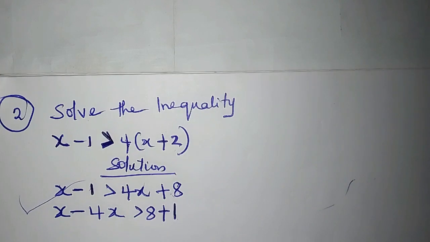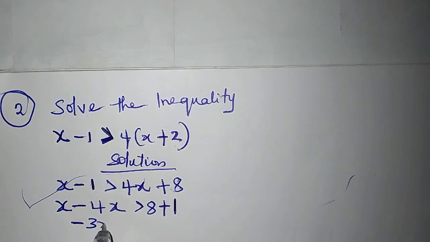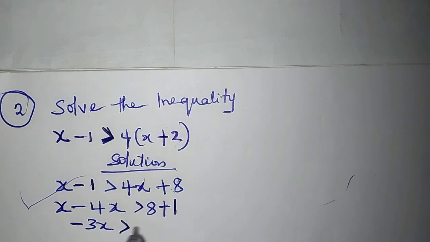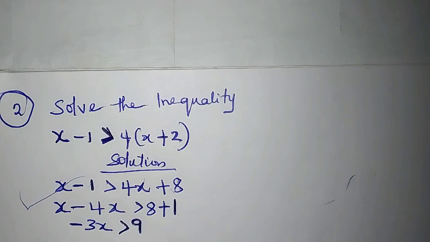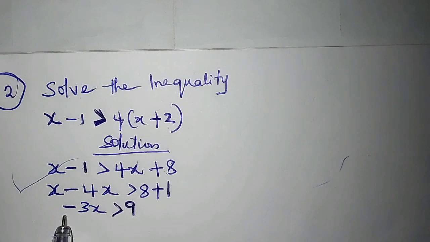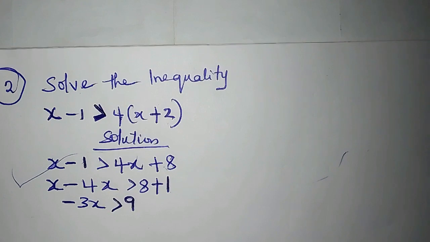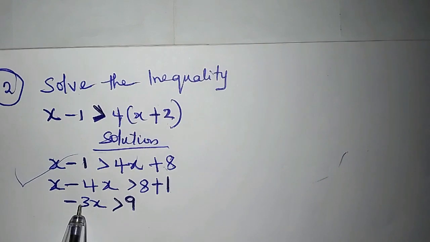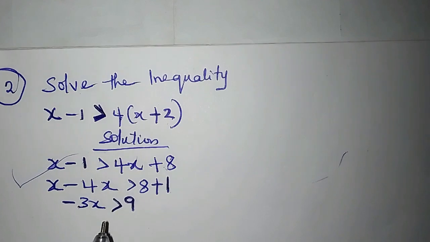So what we have now is x minus 4x is minus 3x greater than 8 plus 1 is 9. So now this is minus 3x greater than 9. We'll have to divide both sides by minus 3 to free x. If we are dividing both sides by a negative number, the inequality sign will change.